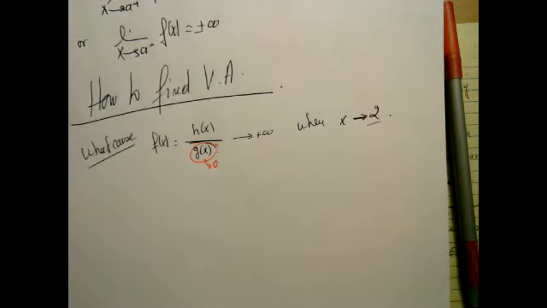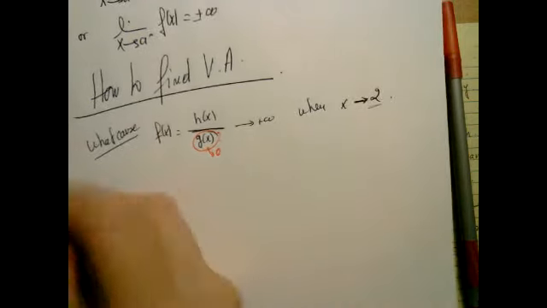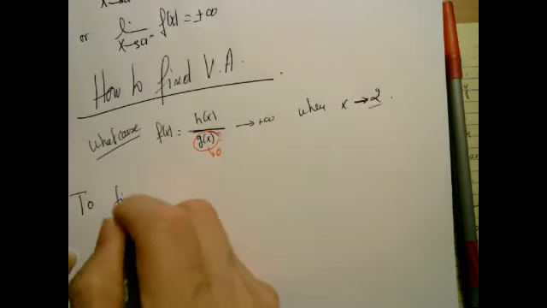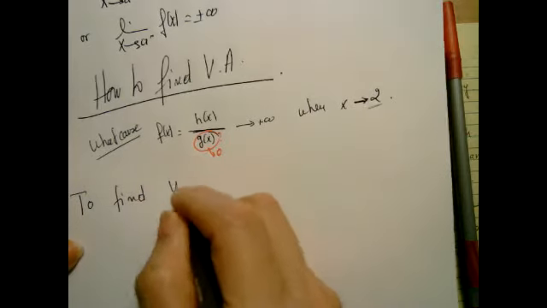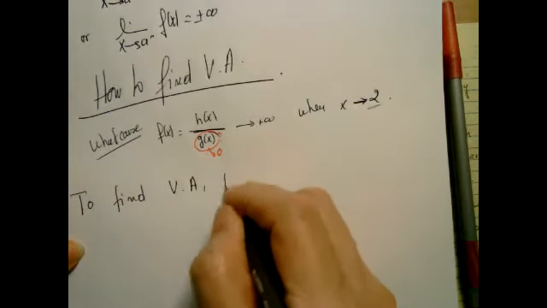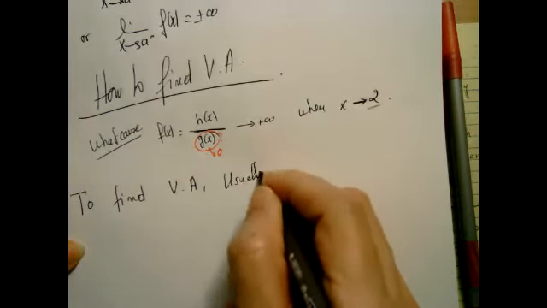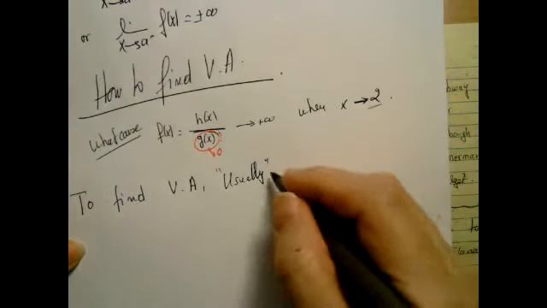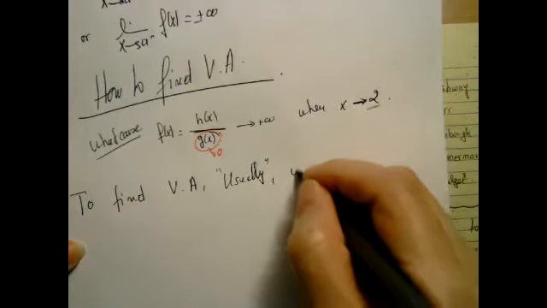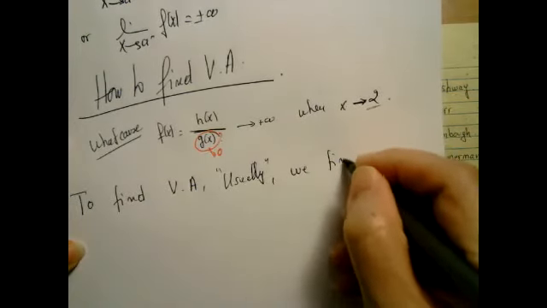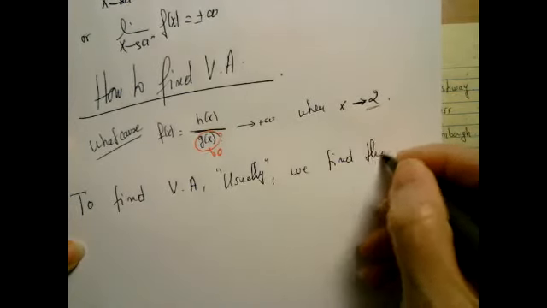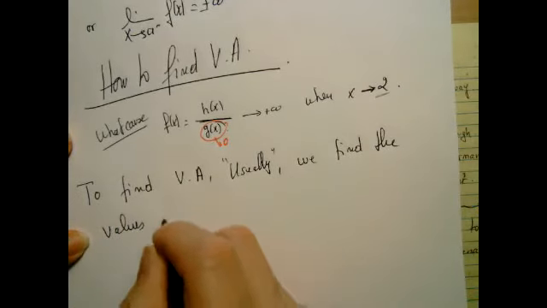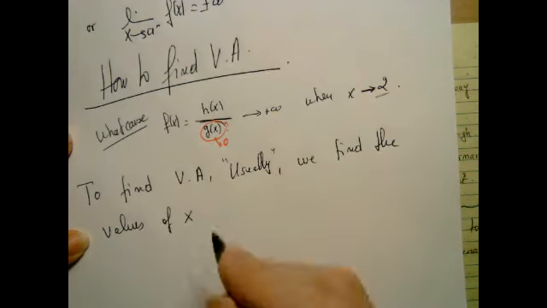But our guideline, and then we check everything, our guideline is to find the vertical asymptote usually, and I put usually in quotes because I will explain in a problem why. To find the vertical asymptote, we find the values of x that make the denominator 0, and then we check.